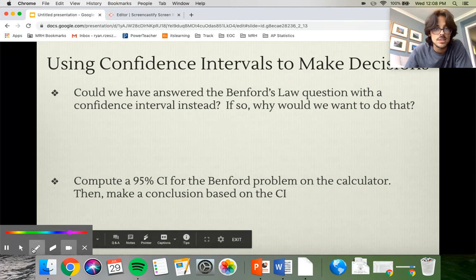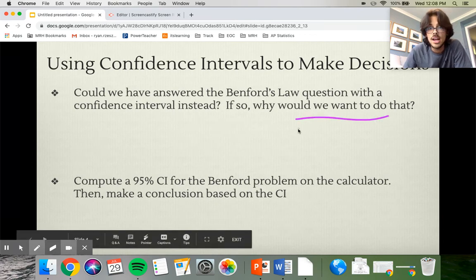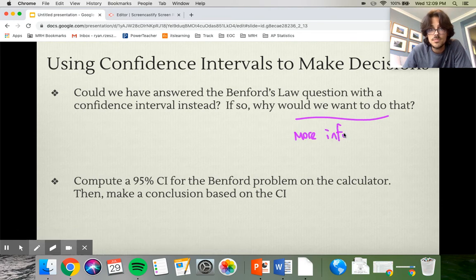Why would you want to do that? A confidence interval gives more information than a significance test does. In a significance test, we come back with, hey, it could be 0.301 or it couldn't. We just get a verdict and that's it.